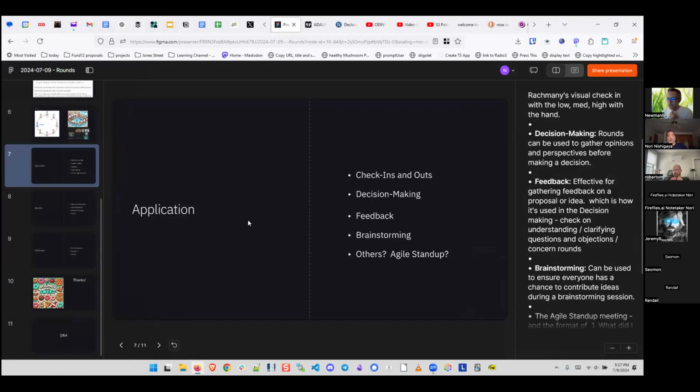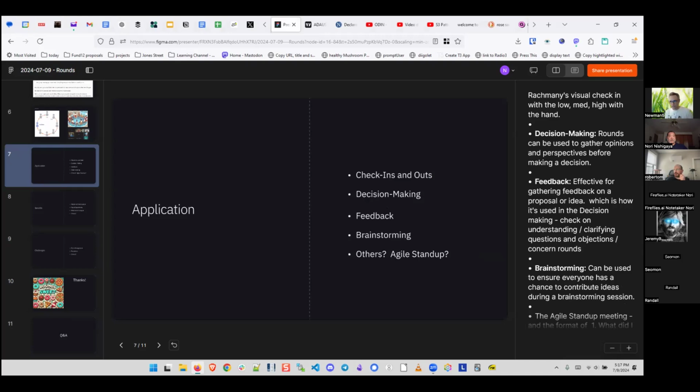So the application of this pattern: check-ins and checkouts, decision-making, gathering opinions and perspectives before making the decision, and feedback.